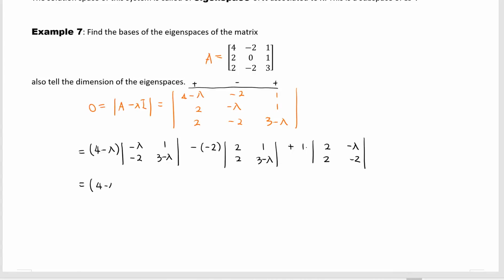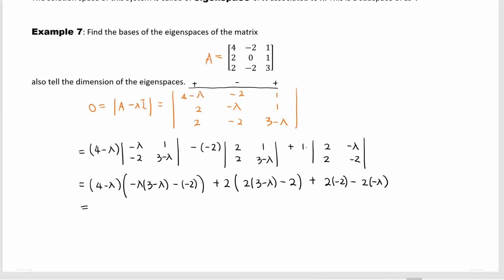Continue. 4 minus lambda times negative lambda times 3 minus lambda minus negative 2 times 1. Minus minus becomes plus 2, and then 2 times 3 minus lambda minus 2 times 1, which is 2. And then 1 times everything is that thing. So 2 times minus lambda, 2 times minus 2 times minus lambda.